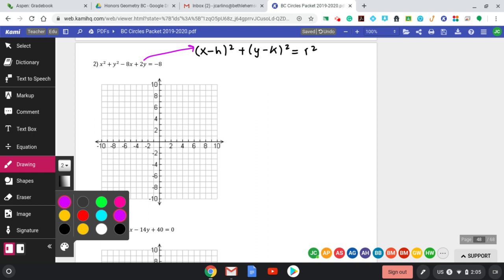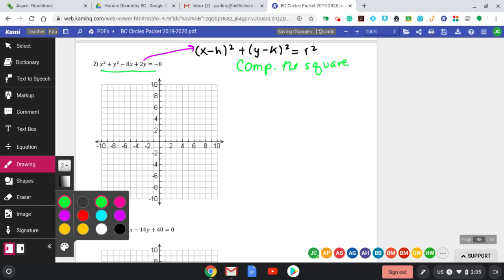We are going to go back to Algebra 1 days, and we are going to do the procedure called completing, you know the rest, the square. We are going to complete the square here to make this circle equation look like the one we've been using all day.